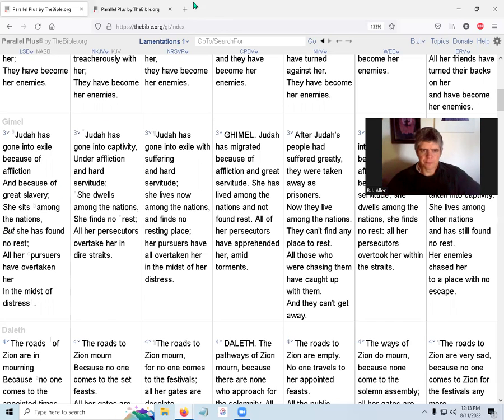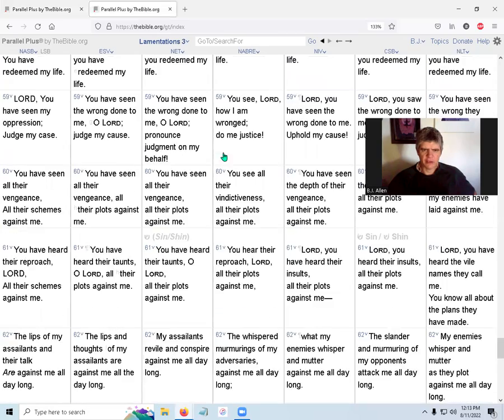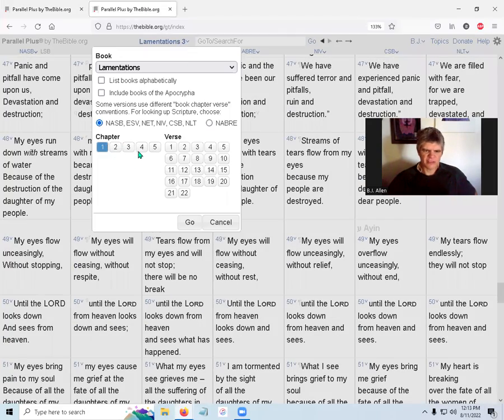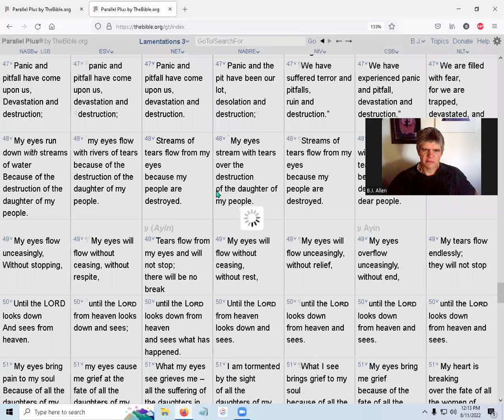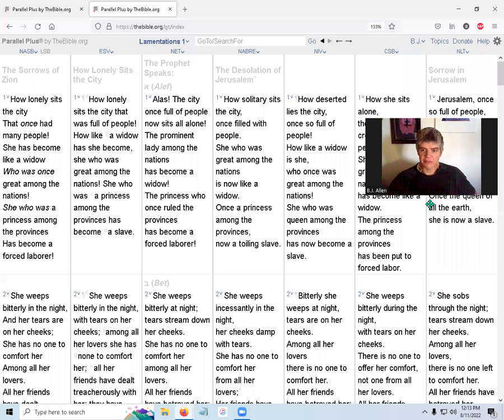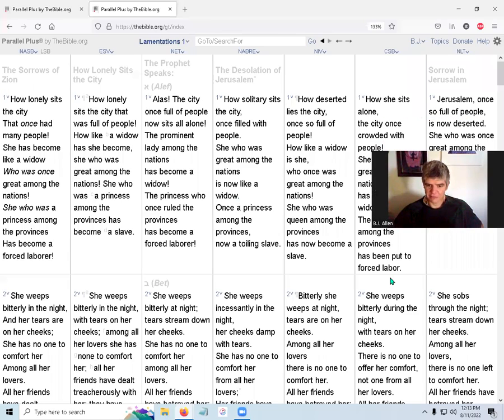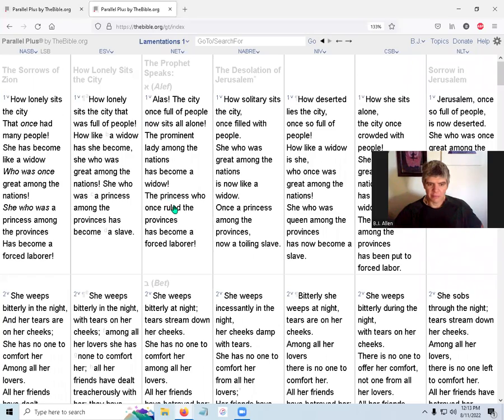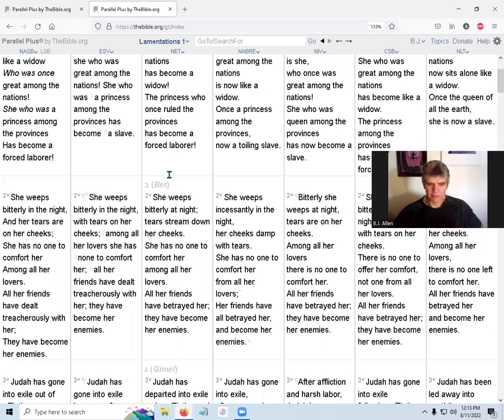All right, and go over here. Go look at chapter 1 just to see. The NET Bible, the CSB has it. The NET Bible, aleph. Oh, the CSB did have it. Now it doesn't. Aleph, bet, gimel.